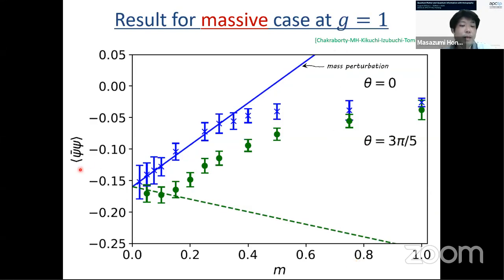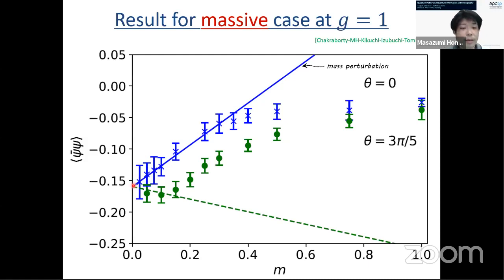This is the result of the massive case at g equals 1. I'm plotting psi bar psi as a function of mass. The blue ones are the results for theta equals 0, and the green ones are the results for theta equals 3 pi over 5. The straight lines show the result of mass perturbation theory. First, let us look at the theta equals 0 case.